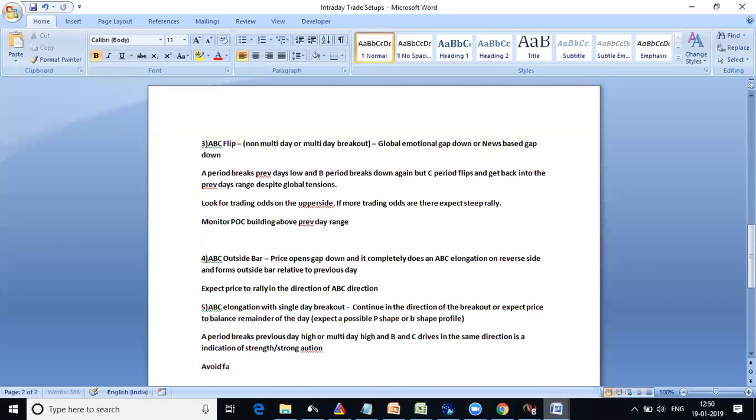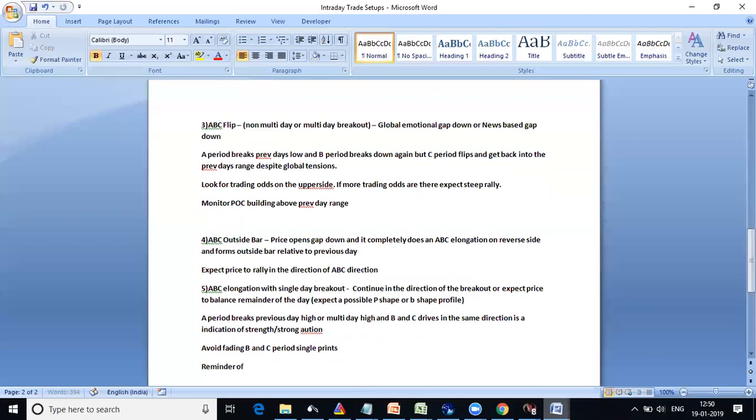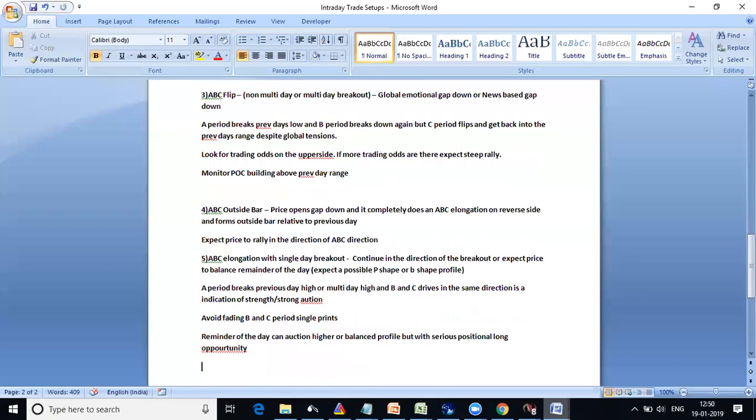Avoid fading. Avoid fading what? Avoid fading B and C period single prints. Right. So the remainder of the day can auction higher or continue or balance to a profile, but with a serious positional long opportunity. Don't try to fade it.